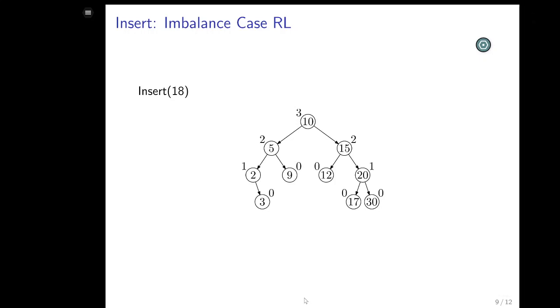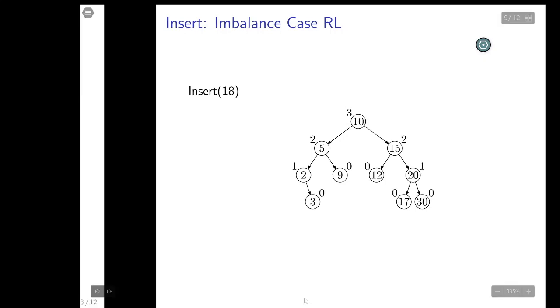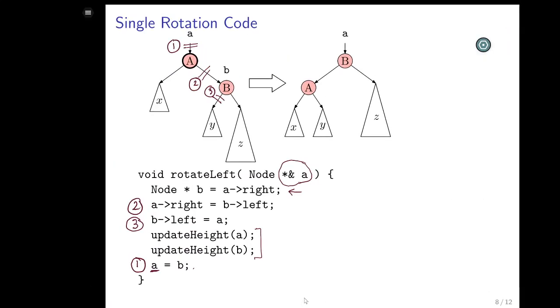Can I ask a question? Yes. Can you say A equals B before updating heights? Yes. So, like A equals B, never change the heights of A. Well, the only thing that's happening here is that you're just changing the name of the pointer.